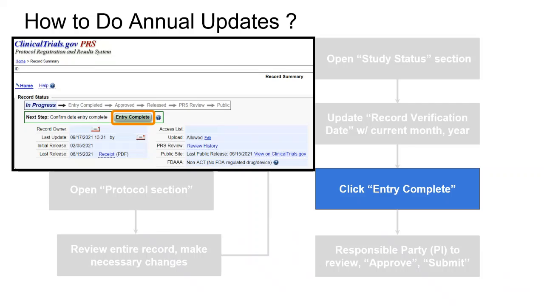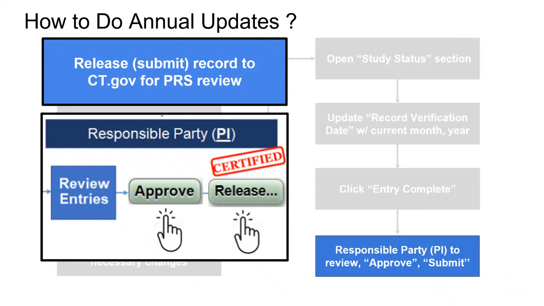The final step after this is to request the responsible party, that is the PI, to review the complete record, as the responsible party must verify the accuracy of the clinical trial information being submitted and then click the green approve and release buttons to submit the record for ct.gov review.